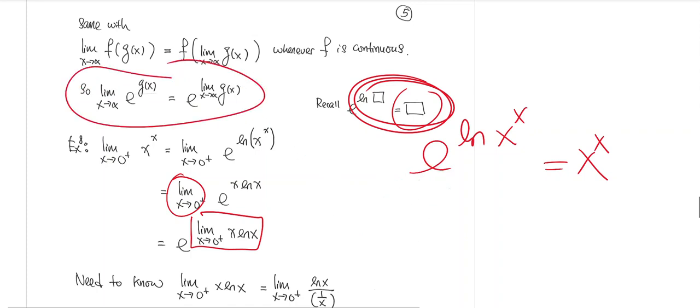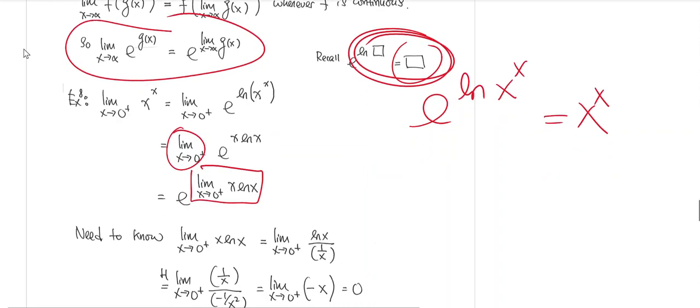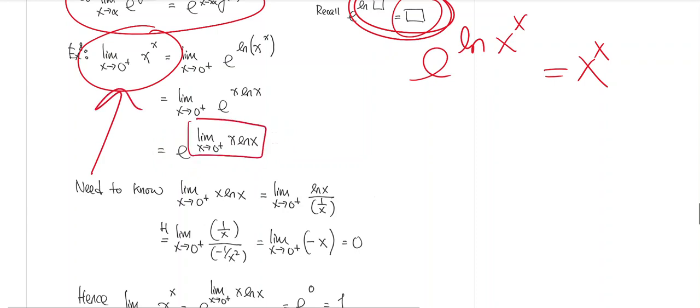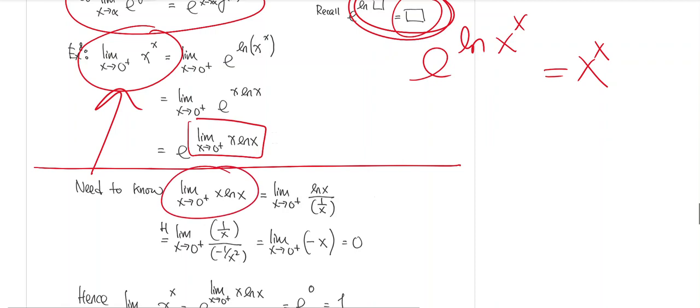Okay. Now, which means that we are turning this limit here into this, which means that we will know the answer if we know what this limit is, right? So one way to approach this problem is to pause this for a little bit and reinvestigate this limit, which is something you already know how to deal with, because when x goes to 0, this goes to 0, but this goes to infinity.